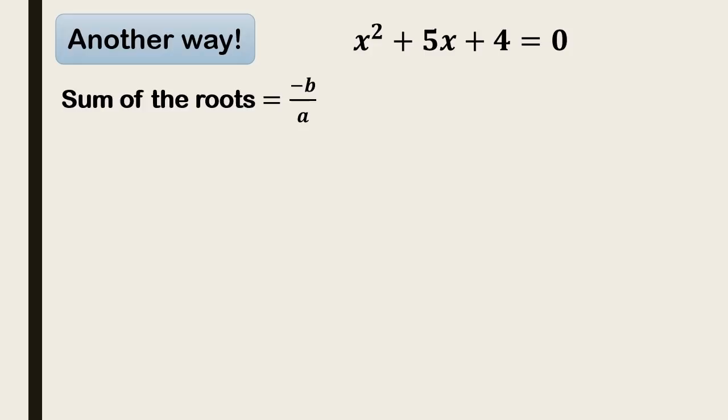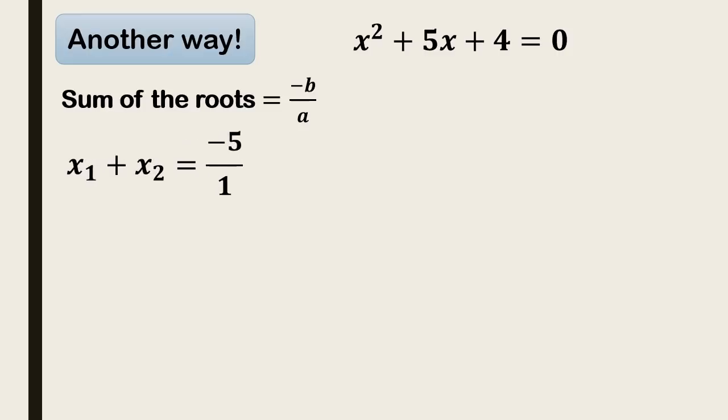That is the formula that we need to use to find out the sum of the roots. So what do you think is the sum of the roots when we use the formula negative b over a? So based sa ating discussion about quadratic equation, a, b, and c is the coefficient of each term in a quadratic equation. Okay, so let's substitute the values.